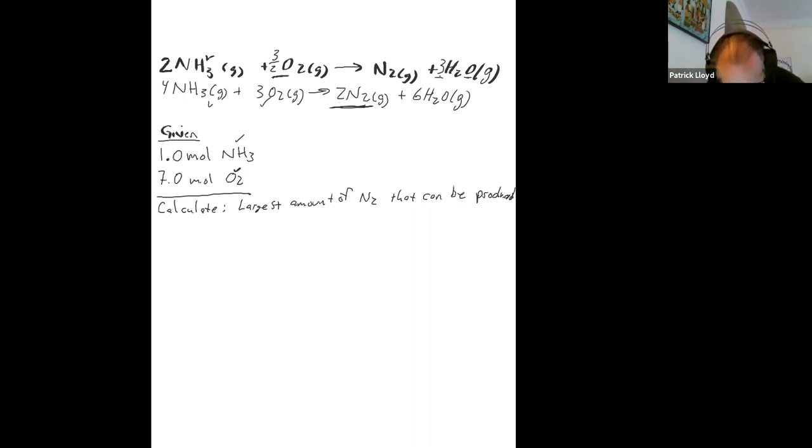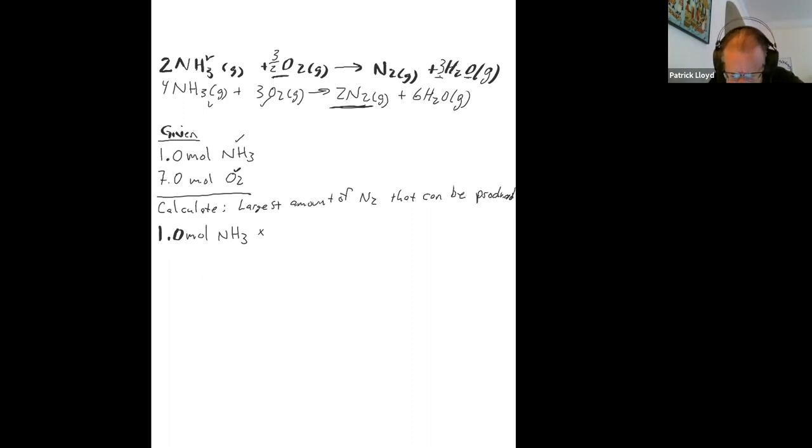We take what we're given in terms of ammonia, 1 mole of ammonia. Now remember, a mole is a very big number, 6 times 10 to the 23rd. So we're not talking about 1 pizza, we're talking about 6 times 10 to the 23rd pizzas, but in any case, it's conceptually the same.